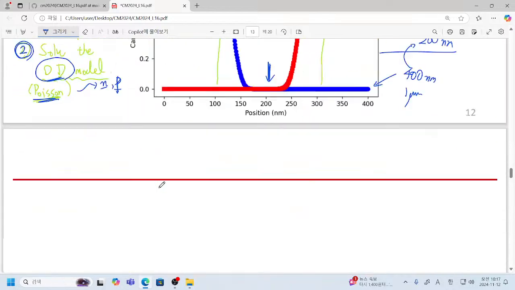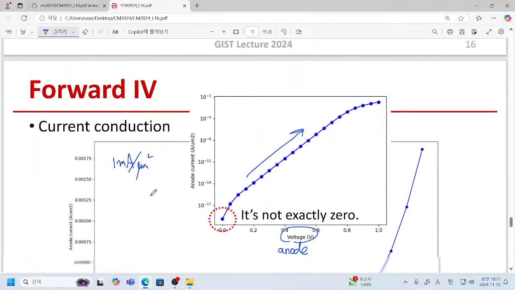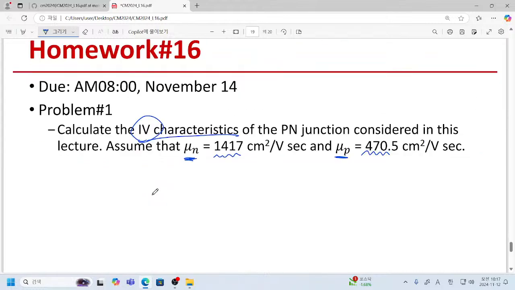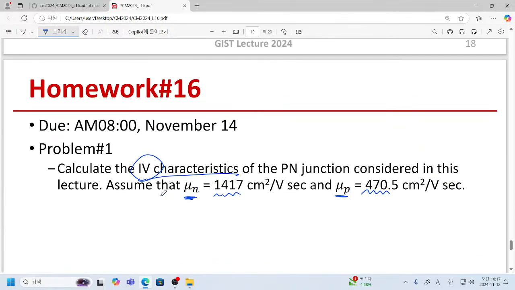Since this problem is so important, please do your best to solve this problem. Once you can solve homework number 16, then I hope that homework number 17 will be much easier. Homework number 17 will be devoted to the use of the well-known Scharfetter-Gummel scheme.